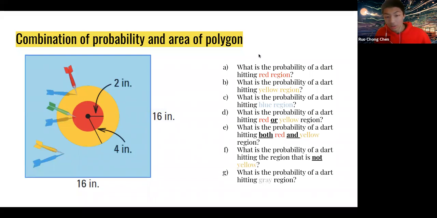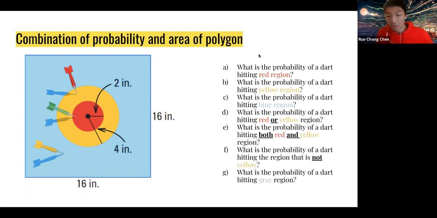You calculate the area of the outer circle, which contains the yellow and red region. Its area is 4 squared pi, which is 16 pi square inches.